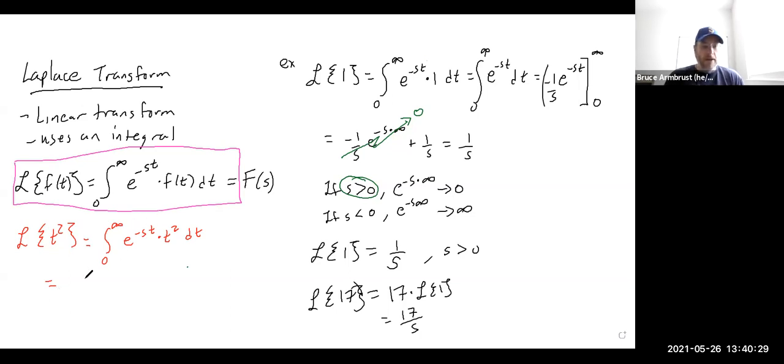All right, so what you get before you plug in the bounds is negative 1 over s cubed times e to the minus st times s squared t squared plus 2ts plus 2.